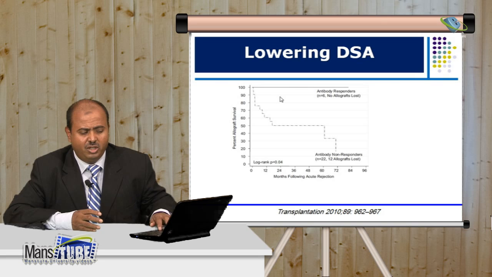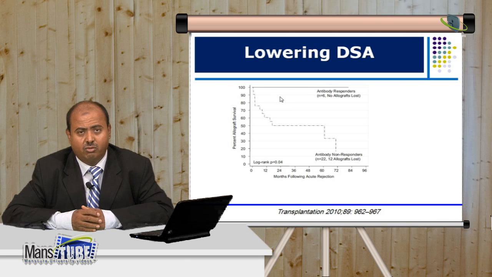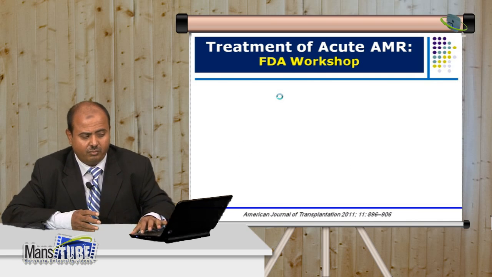So if you have a patient who developed antibody mediated rejection and is treated with these treatments, and you follow donor-specific antibody and you find that it is decreased tremendously, the outcome is good. But if there is no reduction of donor-specific antibody, graft survival is affected and graft failure is the rule.